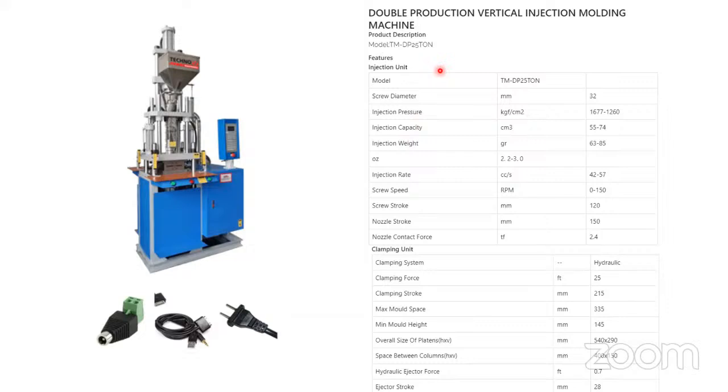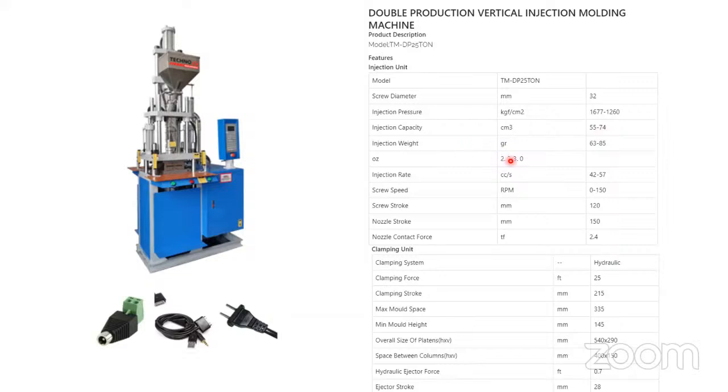See here, screw diameter 32 mm. So this is the specification given for the vertical machine. Injection pressure 1260 to 1677 kg per square centimeter possible. Injection capacity 58 to 74 tonnage, or maybe cubic centimeter.